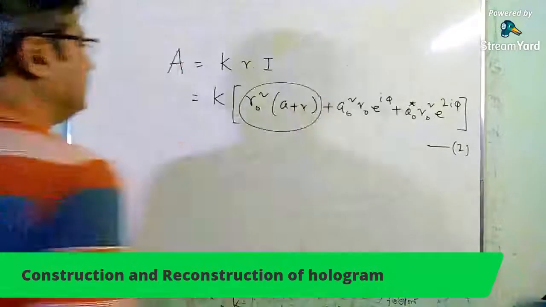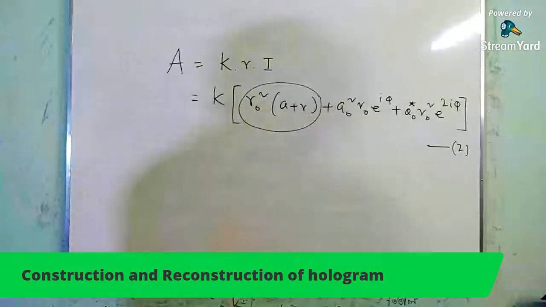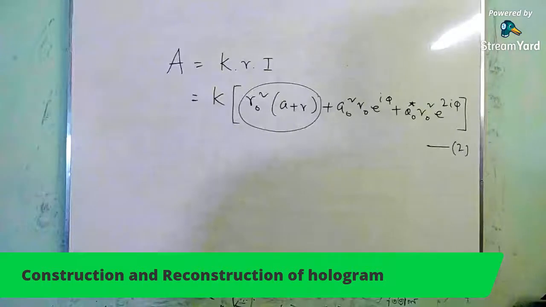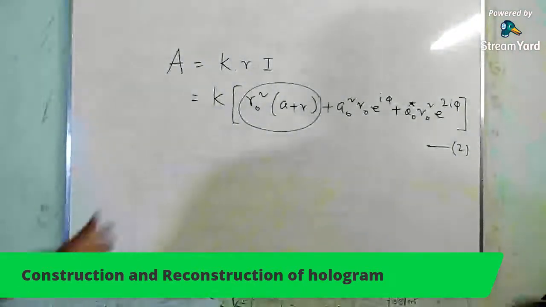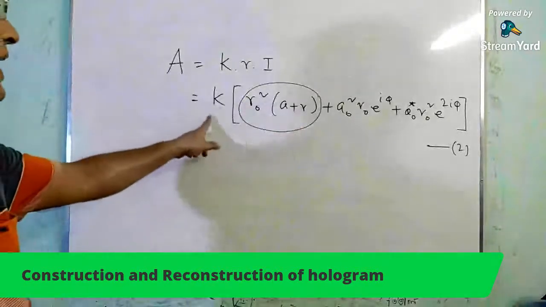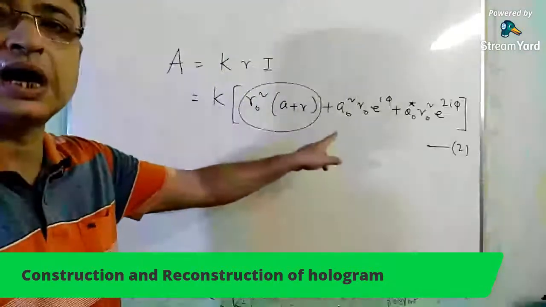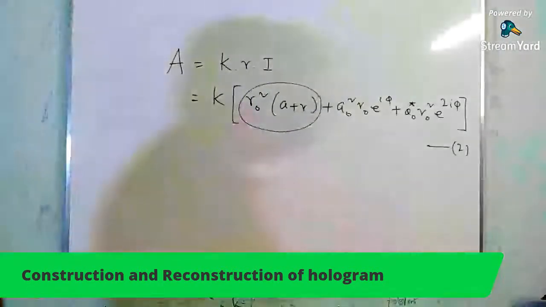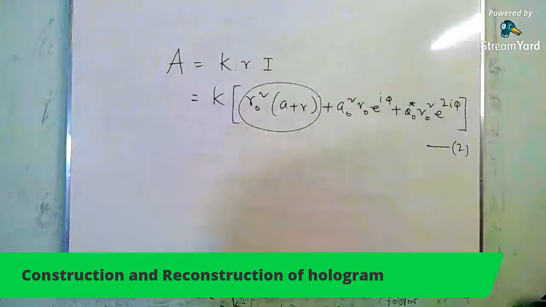That is R0 square into A plus R. This first term represents a wavefront whose complex amplitude is proportional to that of the original wave amplitude, that is A plus R. So the first term actually gives us K into R0 square into A plus R, proportional because the term K is present here.